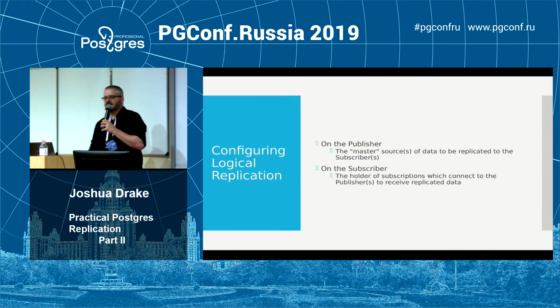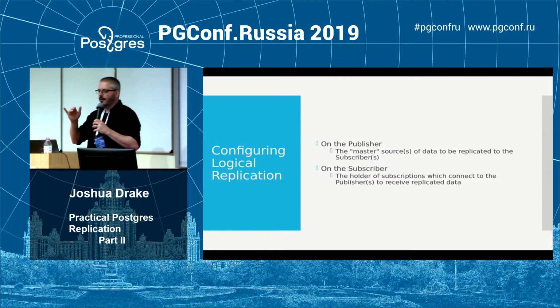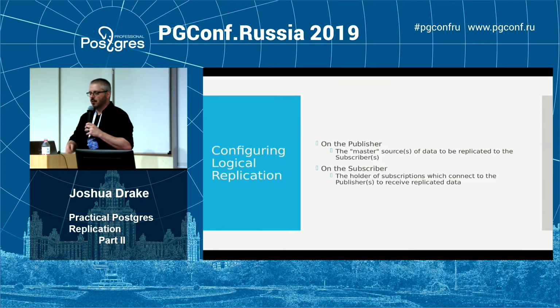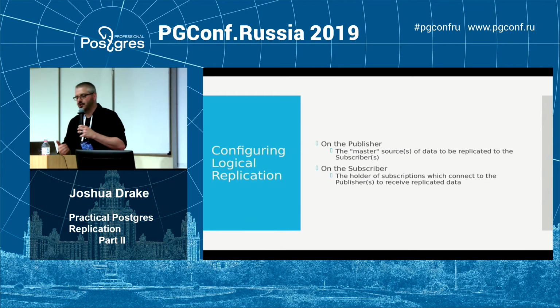So let's do a simple configuration. If we're configuring logical replication, on the publisher, the master source or sources of data to be replicated to the subscribers. On the subscriber, the holder of subscriptions which connect to the publishers to receive replicated data.